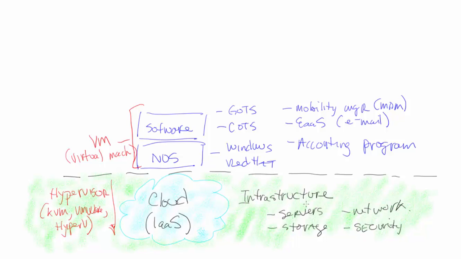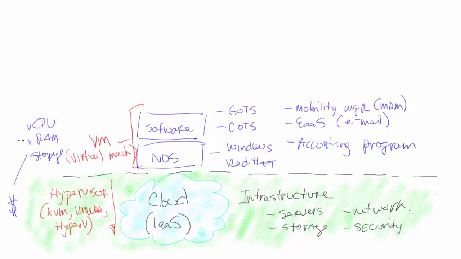Now, these people also may have migration services. They may have additional management above the hypervisor. But at a bare minimum, typically, they're going to manage everything underneath the hypervisor, and you are going to pay a specific dollar amount for that service. And usually that dollar amount is broken down by virtual CPU, virtual RAM, and storage.